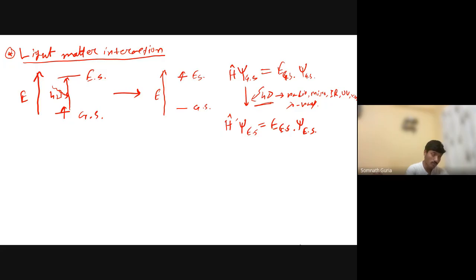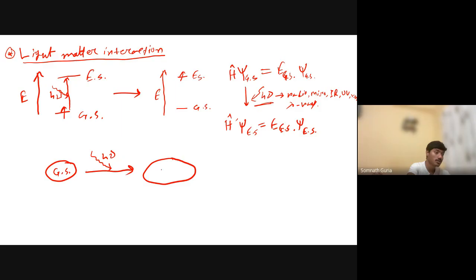Okay, so the basic fundamental is that we have an electronic distribution in an orbital. Let's say this is my ground state, this is my orbital, hypothetically, don't think about the actual orbital. This is my ground state, and we perturb it by the h nu, and it becomes this.